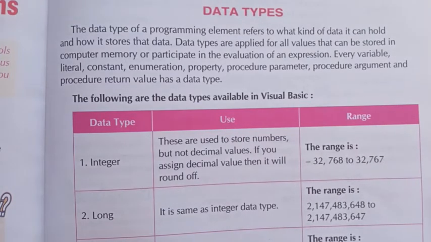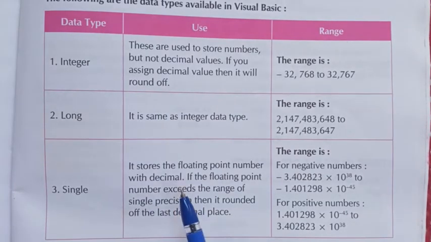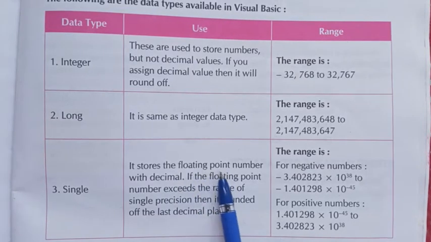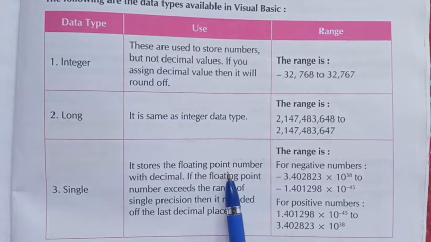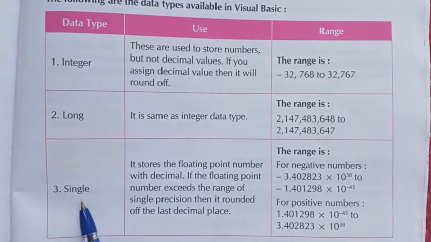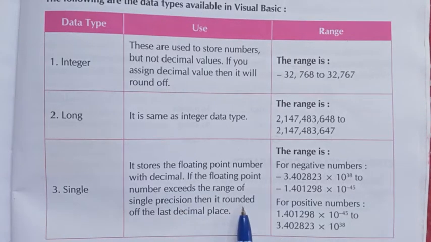Moving ahead, we have another data type, single data type. Single data type is used if you want to store floating point numbers. Floating point numbers mean numbers with a decimal. If you are using numbers with a decimal, then we will be using single. And if the floating point number exceeds the range of single precision, then it is rounded off to the last decimal place.